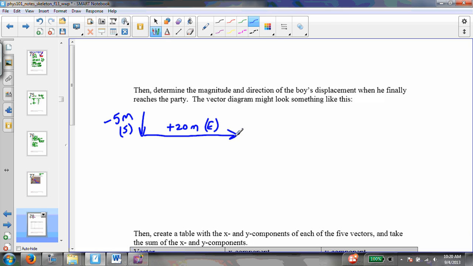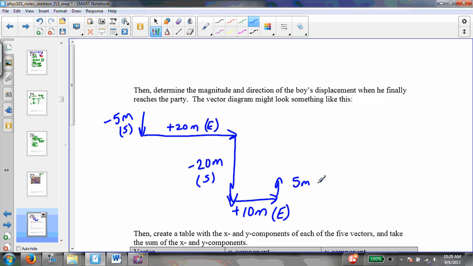Then I have negative 20 meters, because it's to the south. 10 meters to the east, so of course it's positive because it's to the east. And then just 5 meters to the north, walking into the little girl's house.